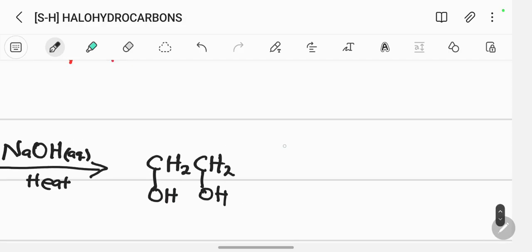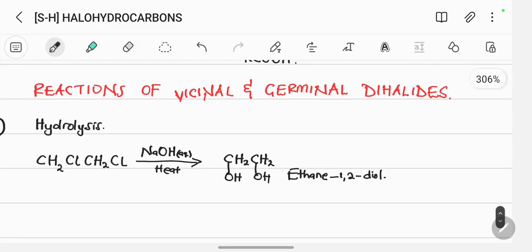How do we call this? It's called ethane 1,2 diol. If you have propane, it's going to be propane 1,2 diol.